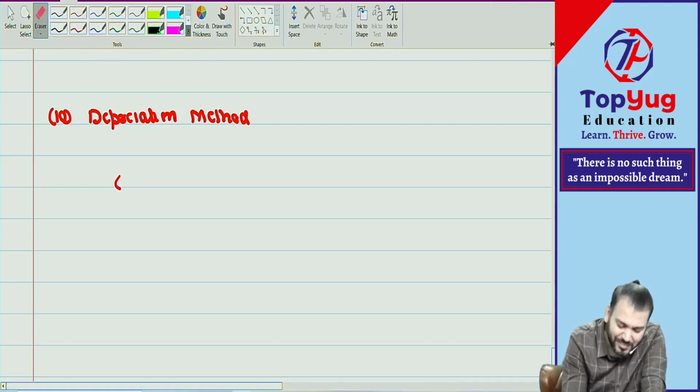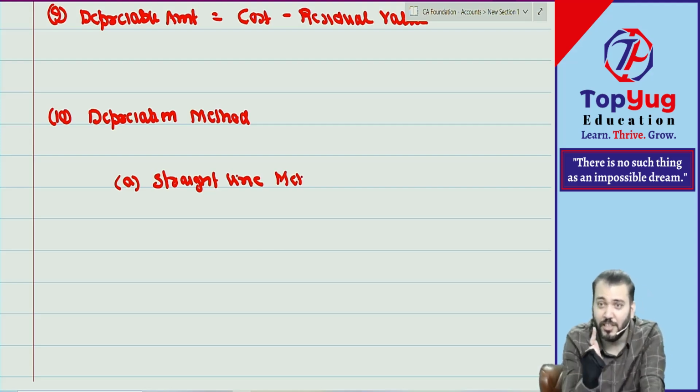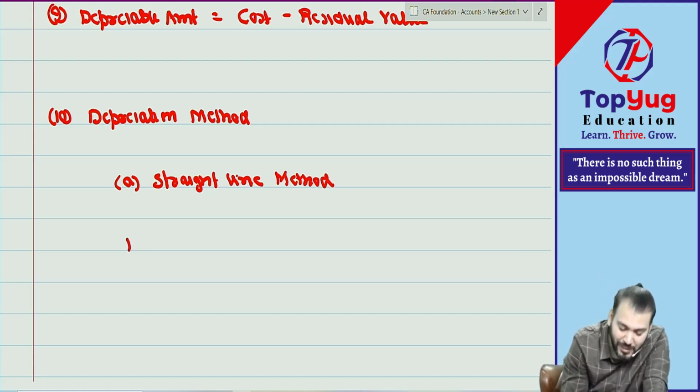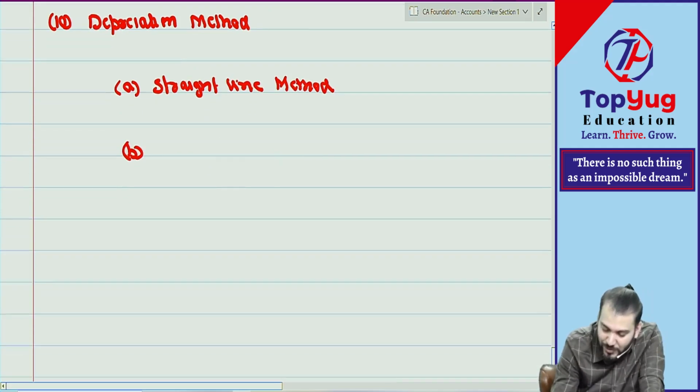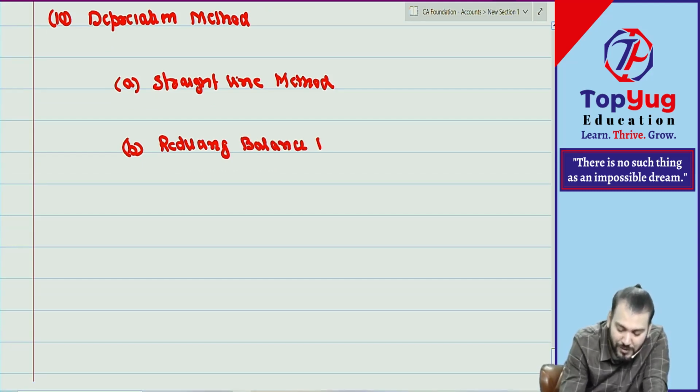The first method is the straight line method, meaning the line which is straight. Second is the reducing balance method.